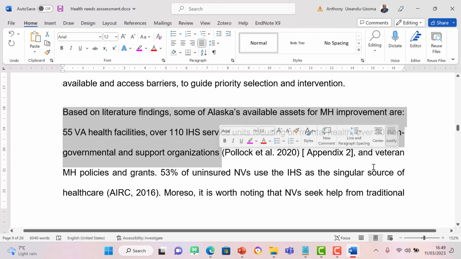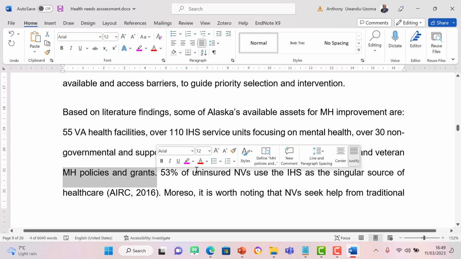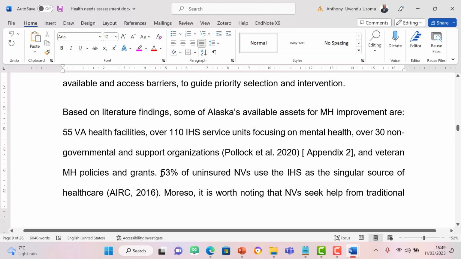So now the author listed a list of the assets, and then also if there are relevant policies, you also list it. All right, and then what are the results from those policies or from all these findings?